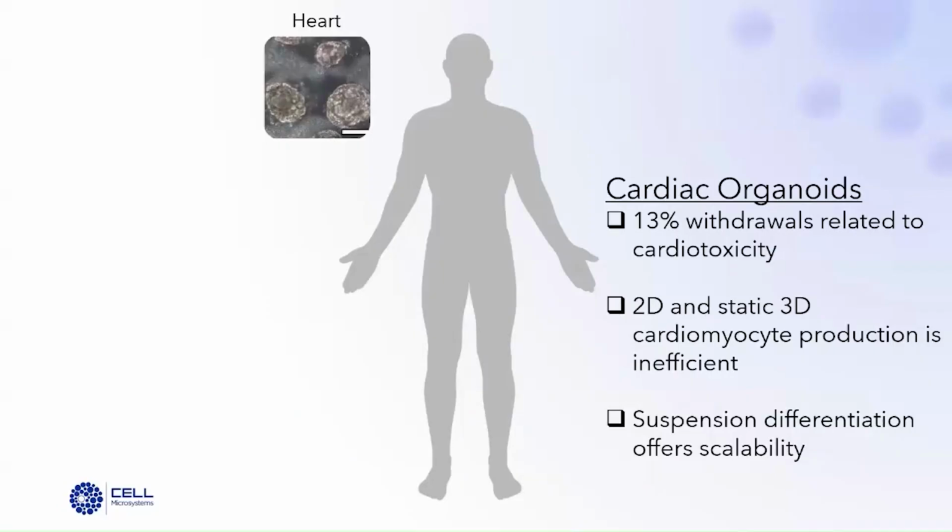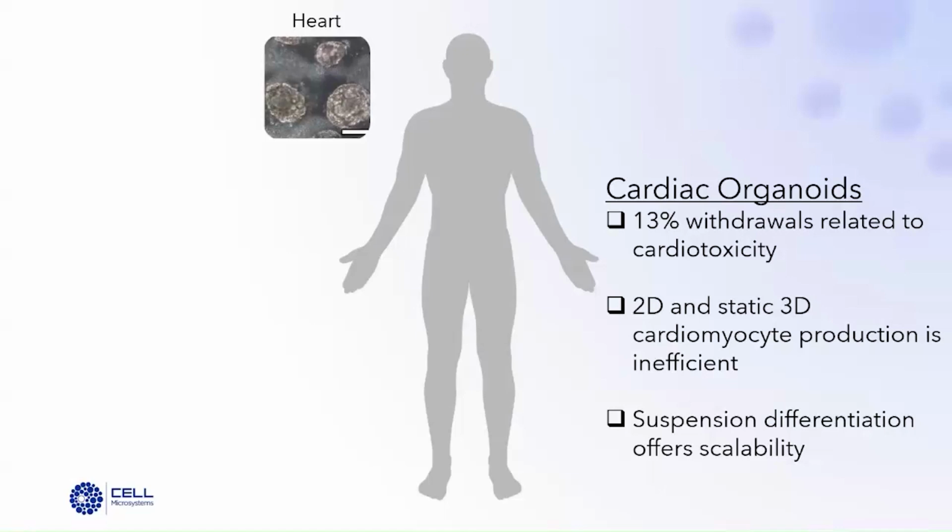And it's well known that 2D and static 3D cardiomyocyte production is an inefficient process. I've seen it in my own hands. I've heard it from researchers in the field over and over again. There's often operator and cell line dependent inconsistencies where you have your 2D cardiomyocytes beating in a lawn of partially differentiated or undifferentiated cells.